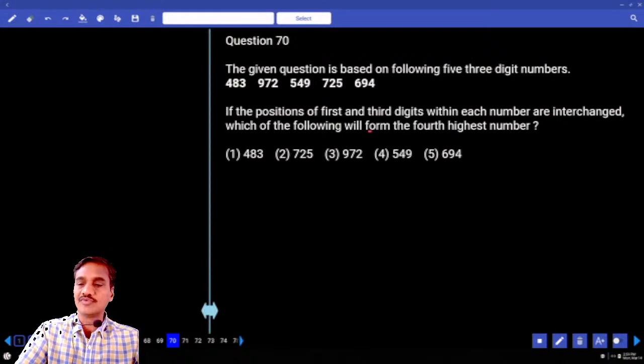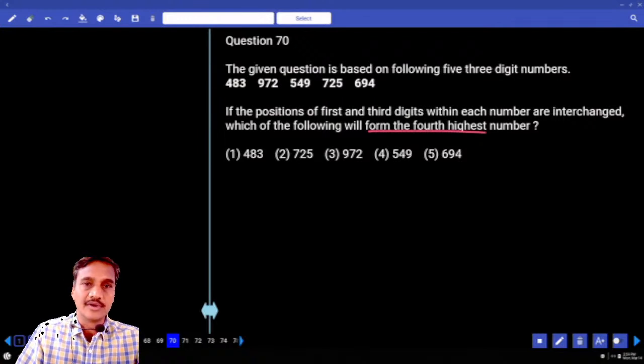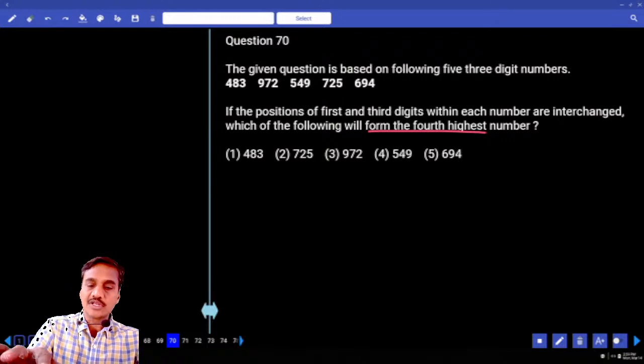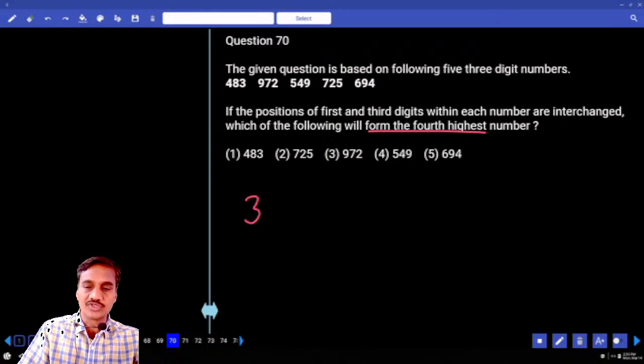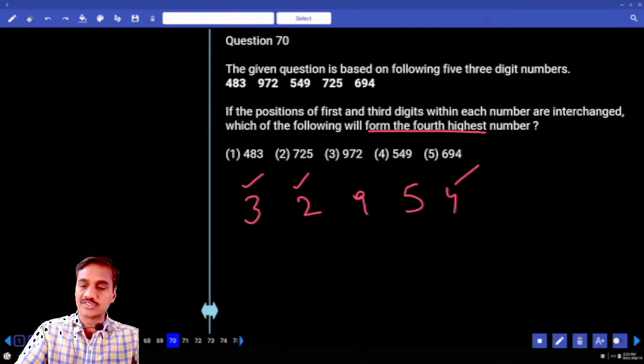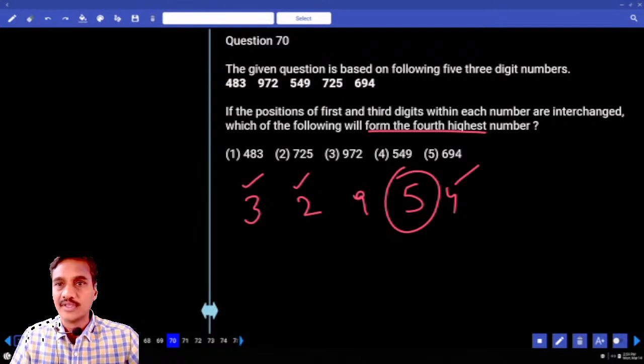Then which of the following will form the fourth highest number? Which digit is coming to the first place? The last digit. Among the last digits, let us check which is the fourth highest. Now 3, 2, 9, 5 and 4. This is the lowest, second lowest, third lowest, and the fourth lowest will be this one. Clear now?